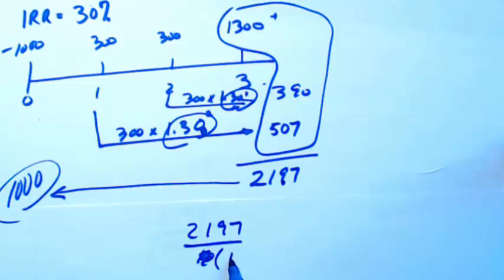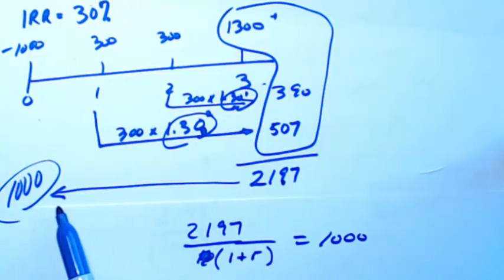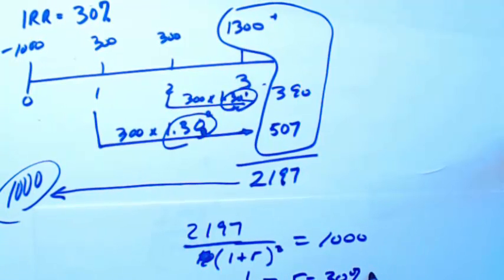What is the interest rate? Just call it R. That gets us from 2,197 to $1,000 over 3 years. So I'm discounting the 2,197 by some rate R. When we solve for that rate, we get R equals 30%, which is equal to the internal rate of return.